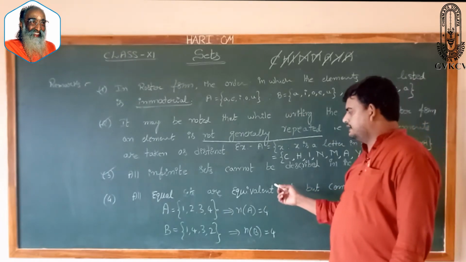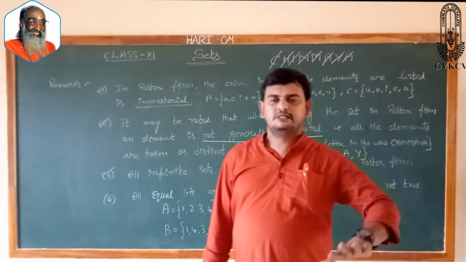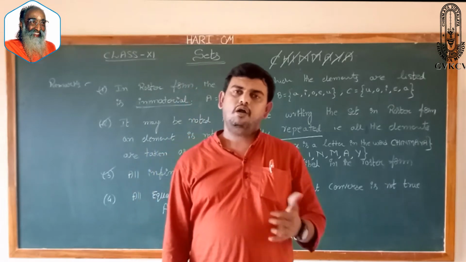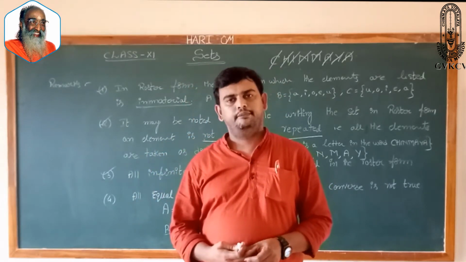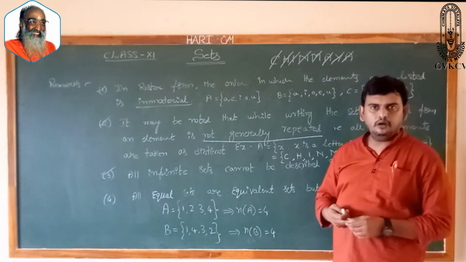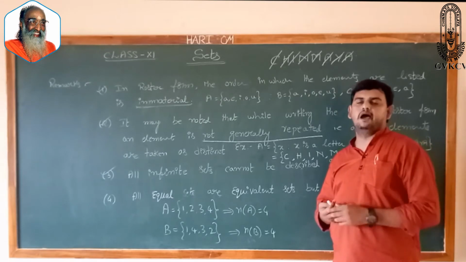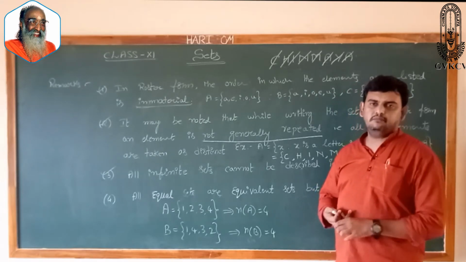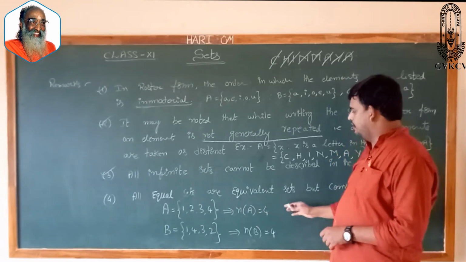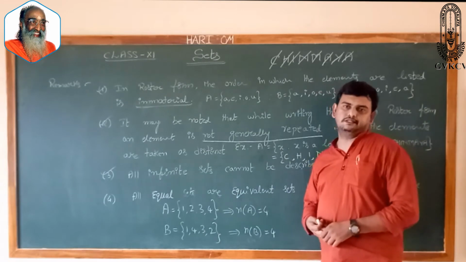It means all equivalent sets are not equal sets. Equal sets are always equivalent, because we have the same number of elements. But equivalent sets are not equal sets.